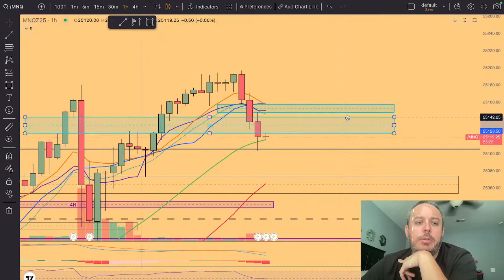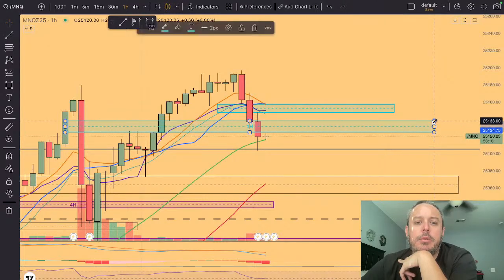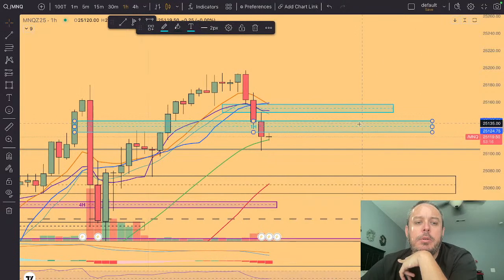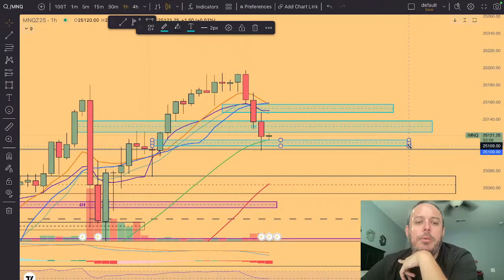Alright, so we got another gap down here. So many gaps in this market right now.